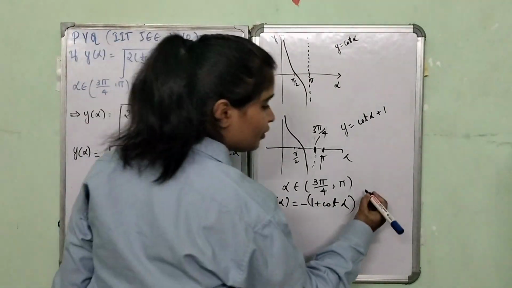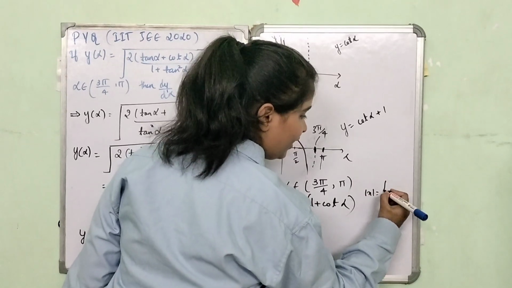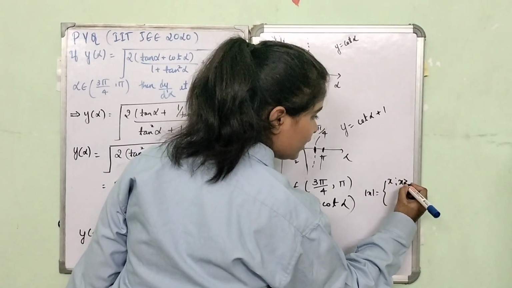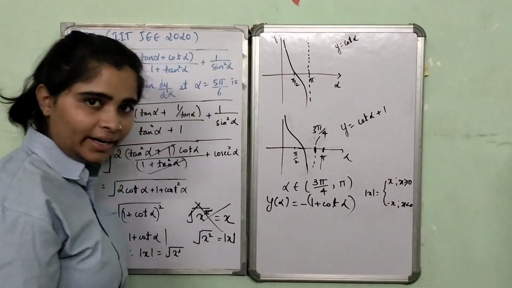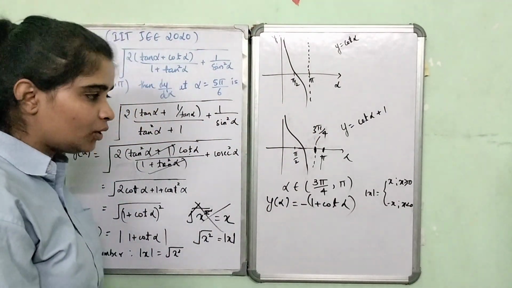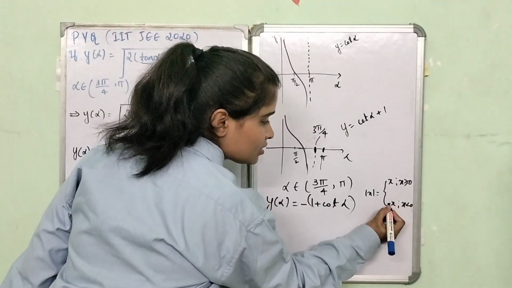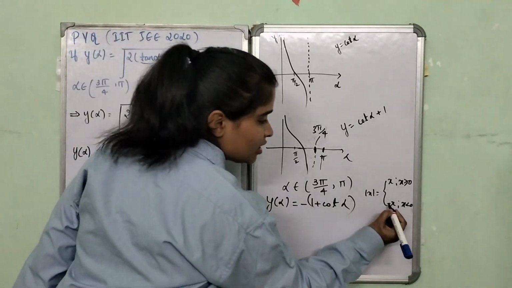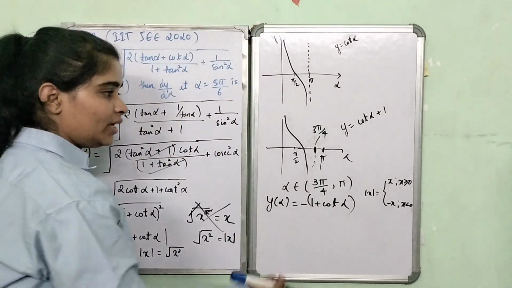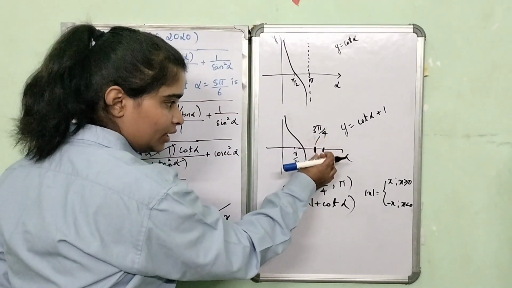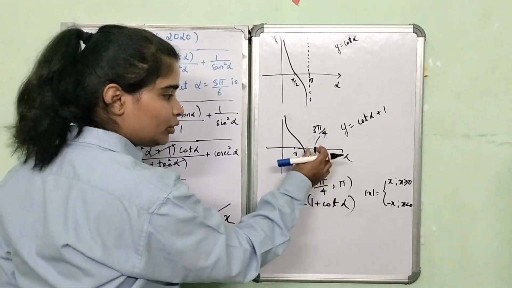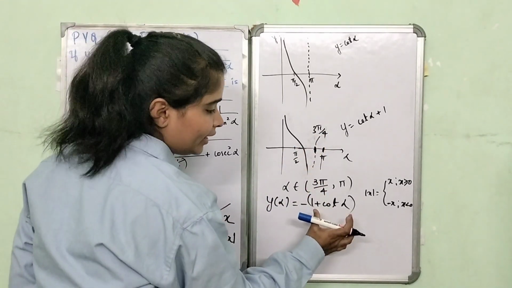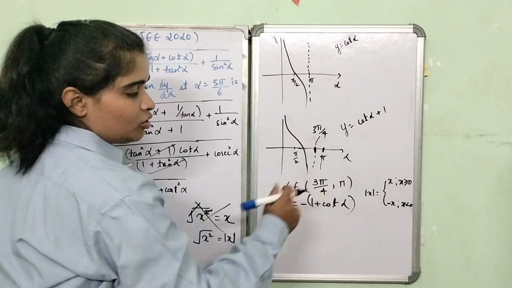That's how the modulus function is defined. Mod x is defined as x if x is greater than or equal to 0, and minus x if x is less than 0, right? If the outputs are negative, then we will take minus of that, we will put an extra minus. So that's why in the portion where 3 pi by 4 and pi are lying, our output is negative. Therefore, we will be getting the negative of 1 plus cot alpha.